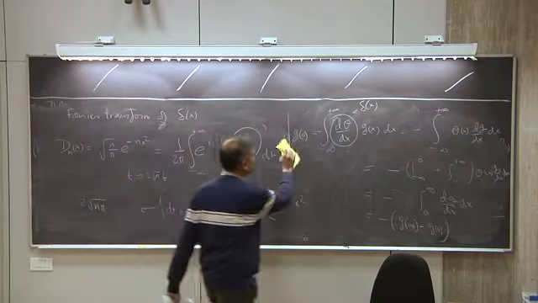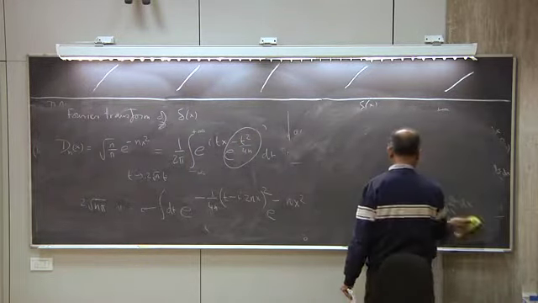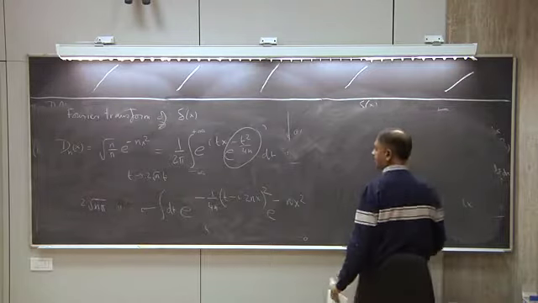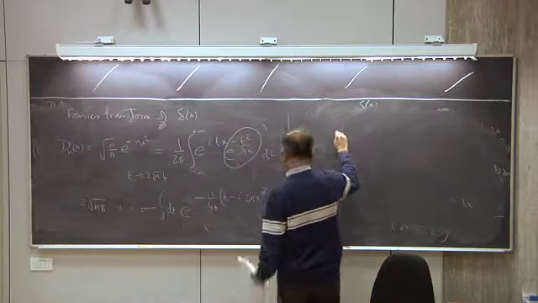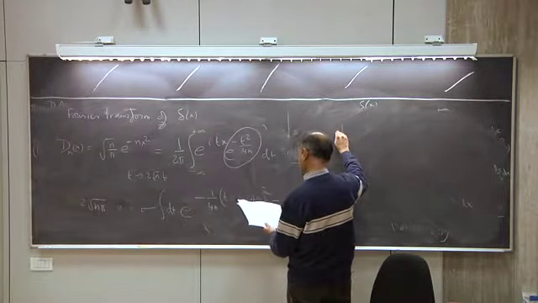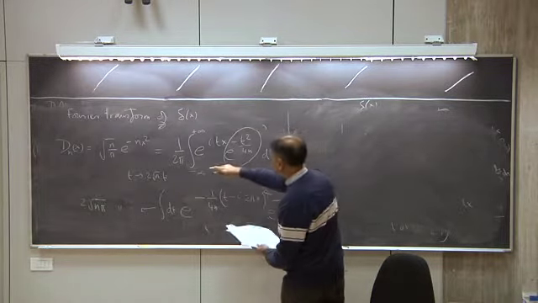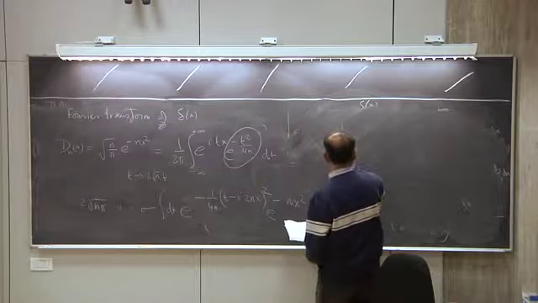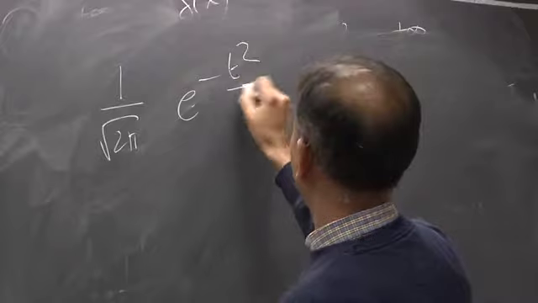So from this what we conclude is, if you take this generalized function, there is a mistake, it should be 1 over root 2 pi times e to the minus t square by 4n.